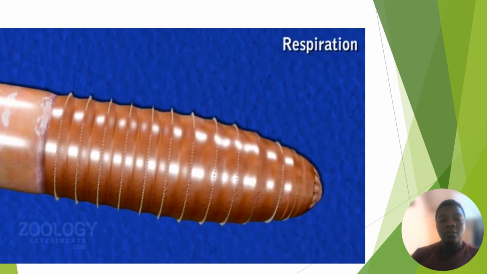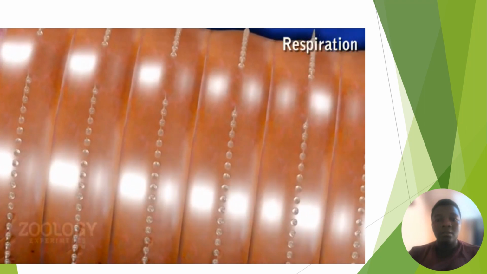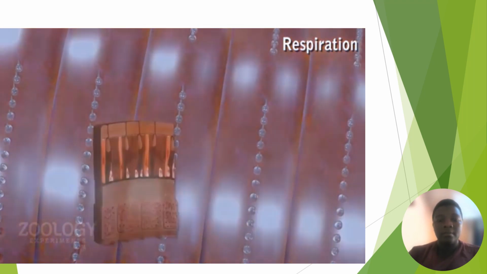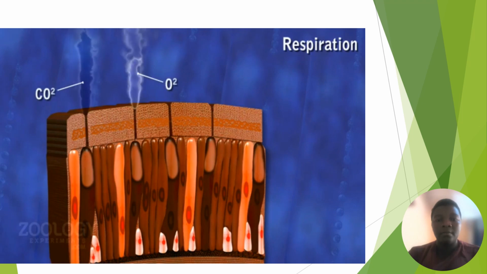In Pheretima, the body surface acts as a respiratory surface. Exchange of gases like oxygen and carbon dioxide takes place between blood capillaries of the outer epidermis and a surface film of moisture contributed by secreted mucus, excreted waste, and coelomic fluid.